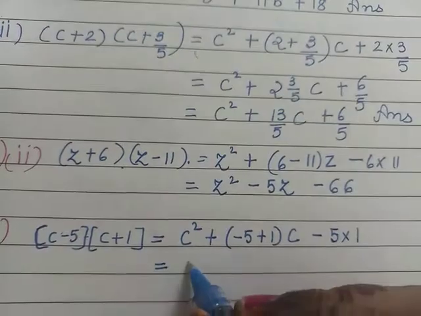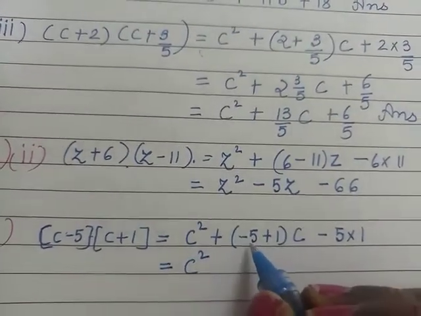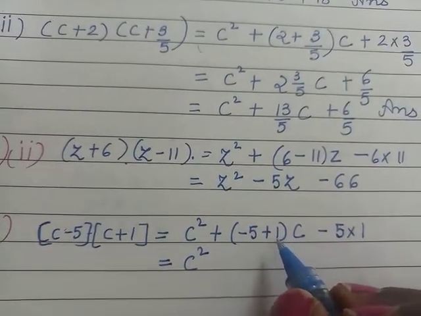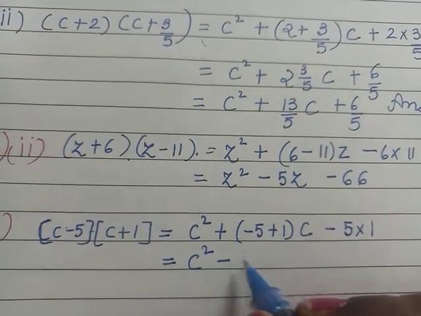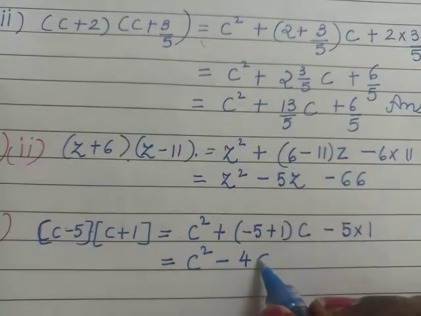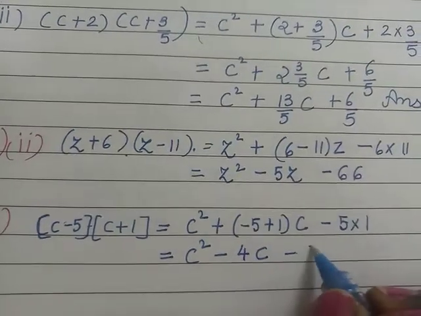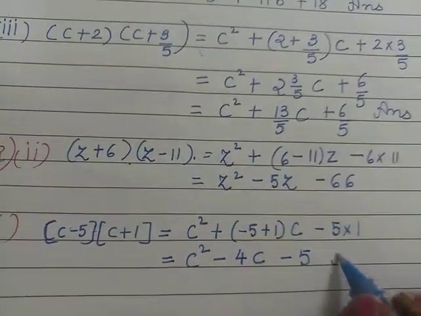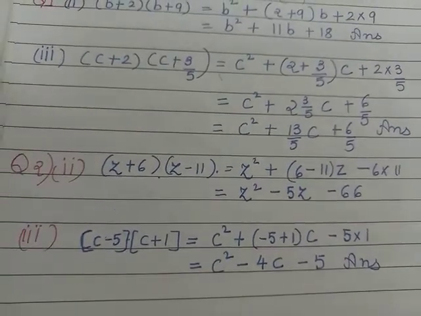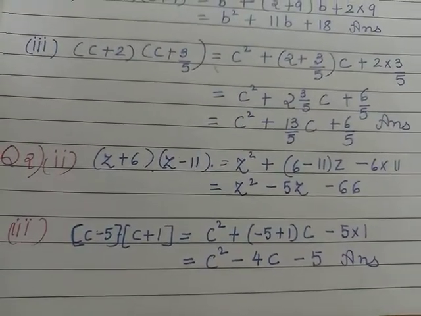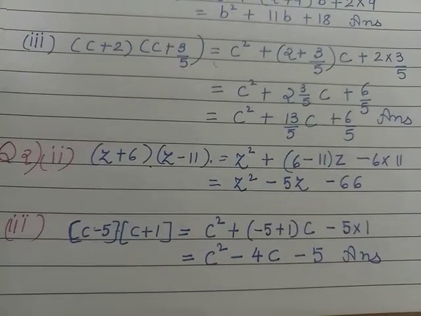So this gives you c square, minus 5 and plus 1 will give you minus 4, and outside it is plus sign, so it is going to be minus 4c. Minus 5 ones are 5. So this is the answer line. Now question number 2, you are going to do third and the fourth part in your fair copy.